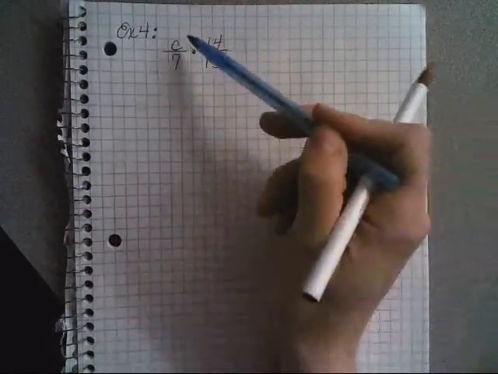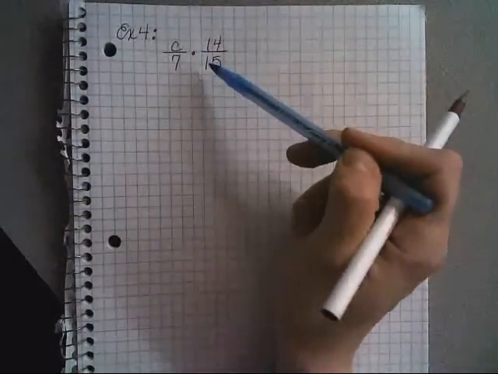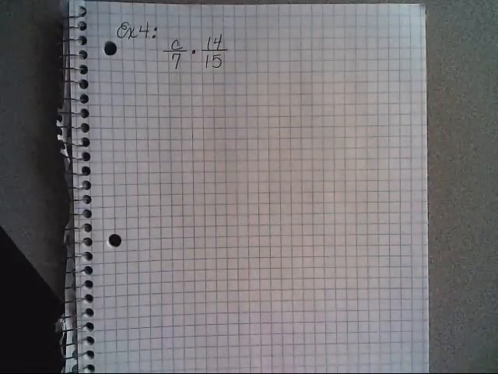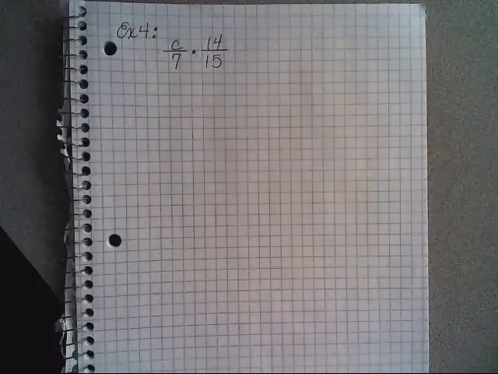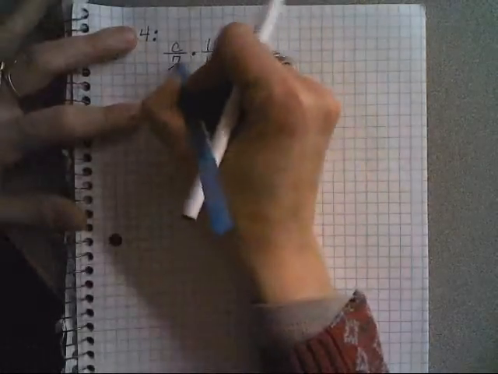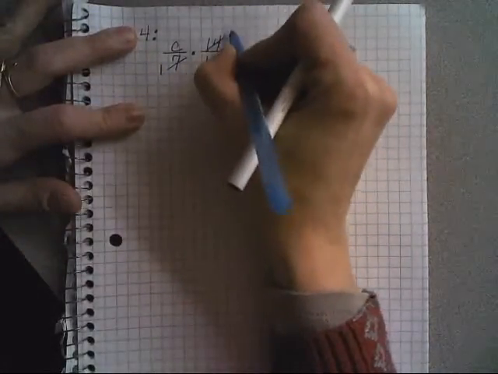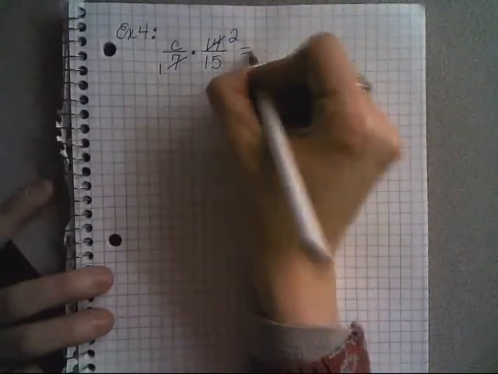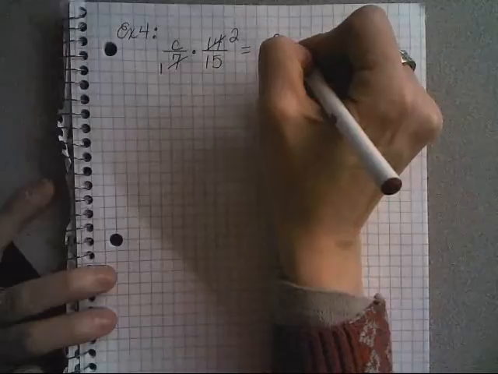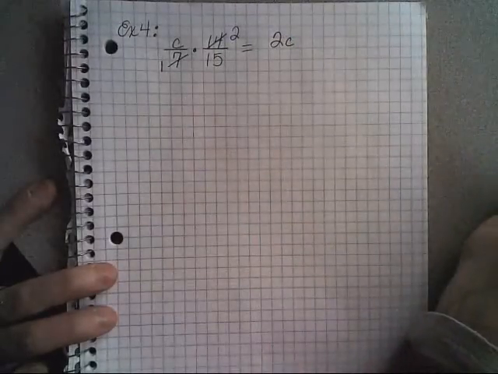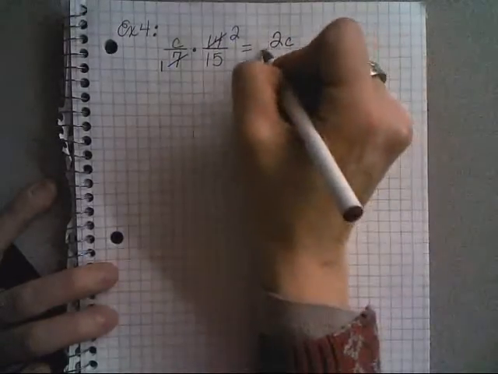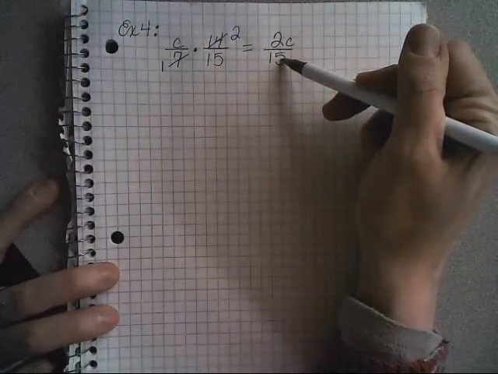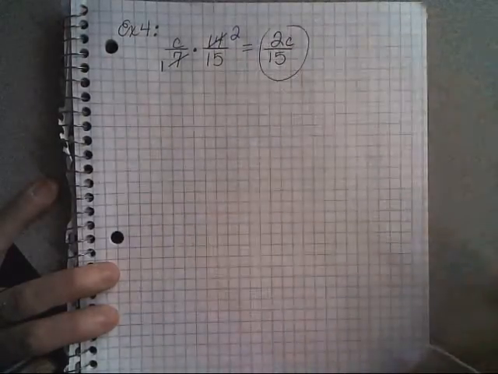Can anything reduce here and here? Nope. c and 15 only share a 1. But how about 7 and 14? Rhino. 7 becomes a 1 and 14 becomes a 2. Bravo, my man. Multiply across. 2 multiplied by c is 2c. 15 multiplied by 1 is 15. 2 and 15 cannot reduce. Answer is done.